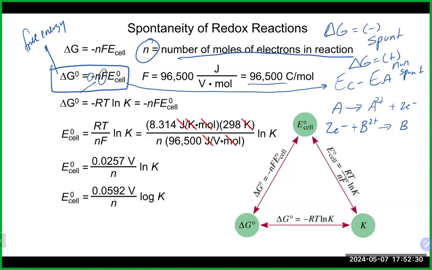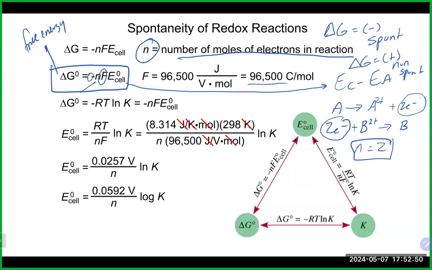These are our two half reactions, and I think I wrote them right. We have our oxidation half reaction over here and our reduction half reaction over here. So n in this case is actually equal to 2. It is not 4, so you don't add those together.